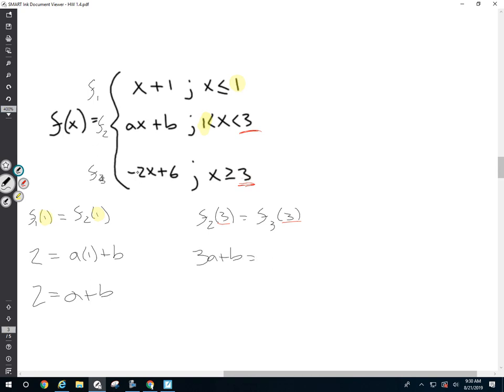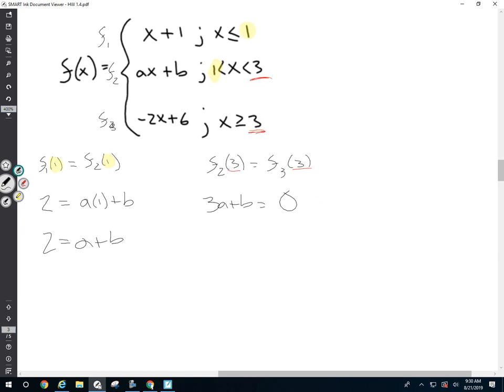Plugging in 3 into the third piece, I get negative 6 plus 6, which is 0. So now I get another equation, 3a plus b equals 0. When you have two equations and two unknowns, mostly in this class, it'll be easy enough to set up and solve using substitution. Since I just have one b here, I'm going to solve this equation for b. Solve for any variable and substitute it into the other.